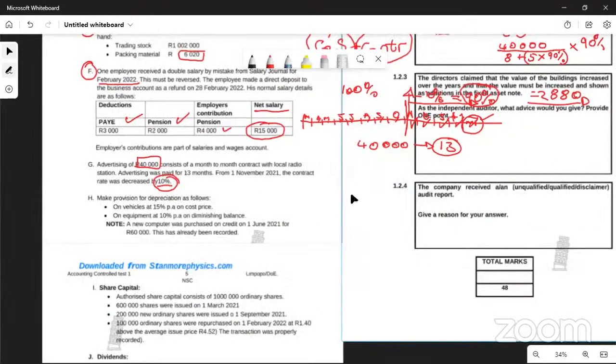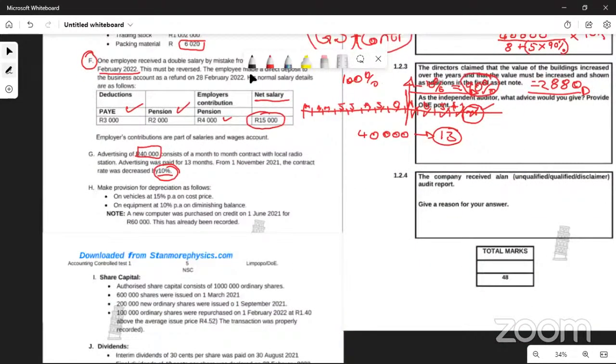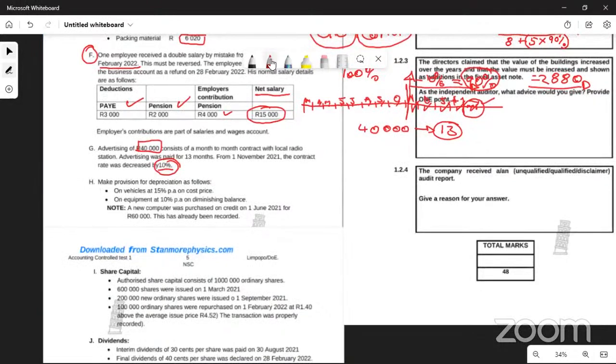Okay, let's go to the information relating to depreciation. This is the transaction page. Make provision for depreciation on vehicle at 15% on cost, and on equipment at 10% per annum on diminishing balance method.